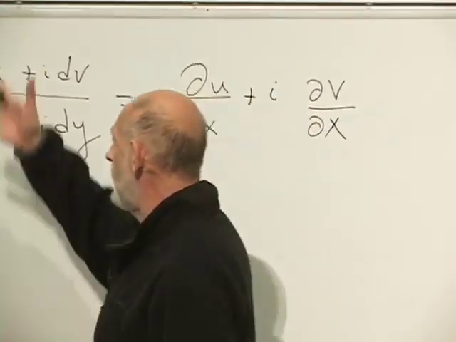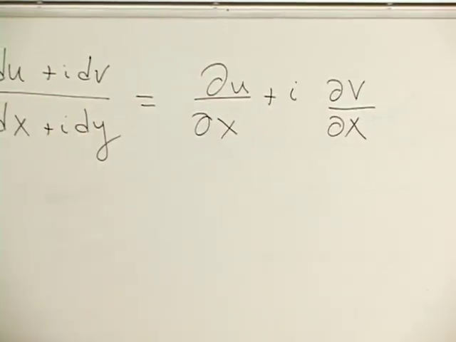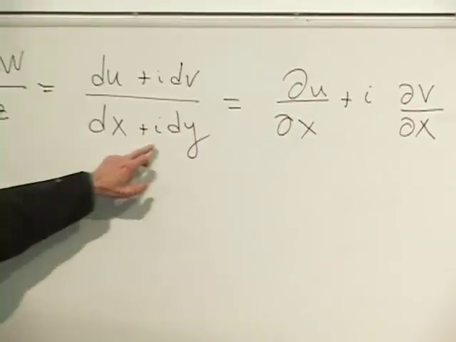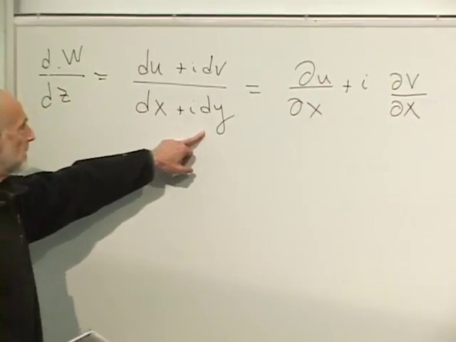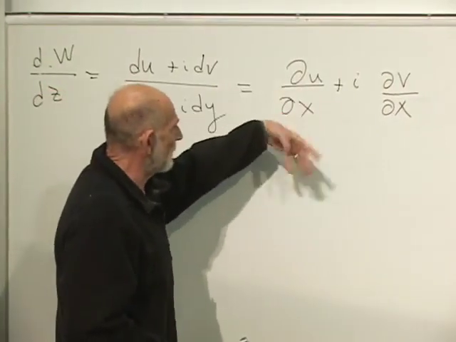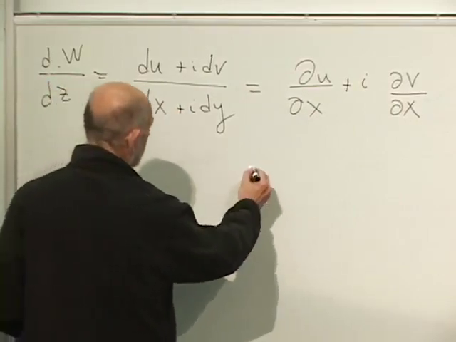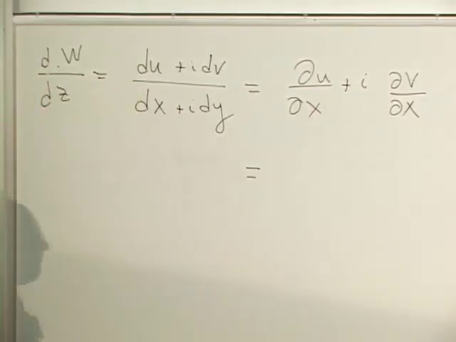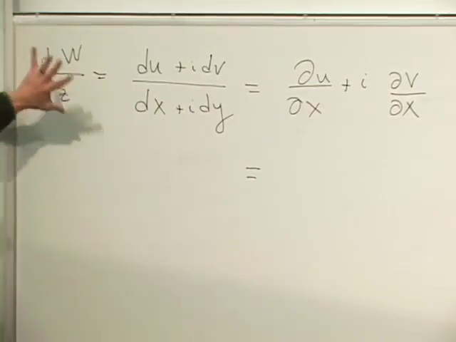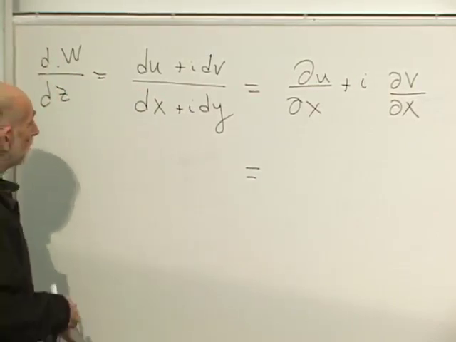Now let's come in along the y-axis. If I come in along the y-axis, dx is equal to 0, dy is not 0, and the partial derivatives are partial derivatives with respect to y. So let's see what that has to equal, under the presumption that dw by dz doesn't depend on which direction you come in from.